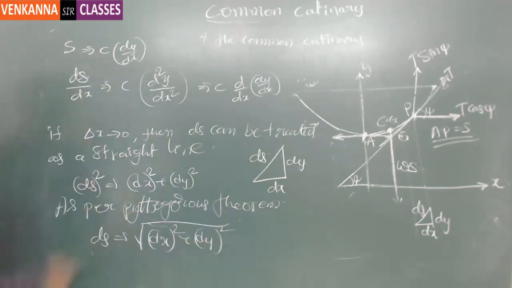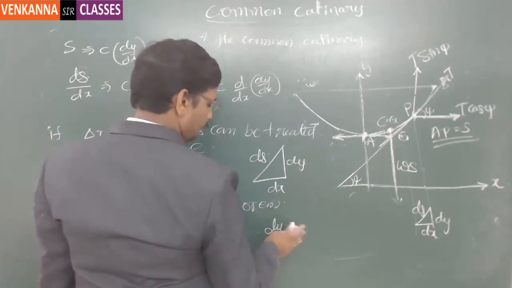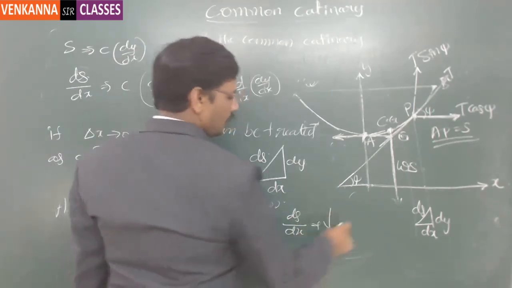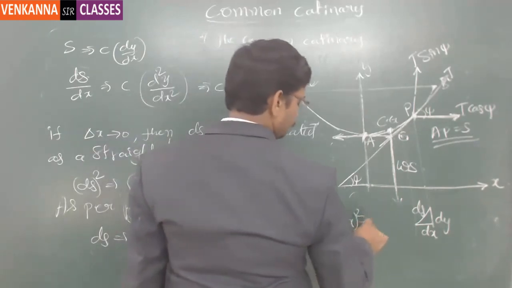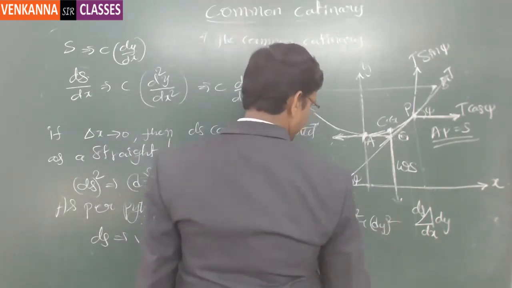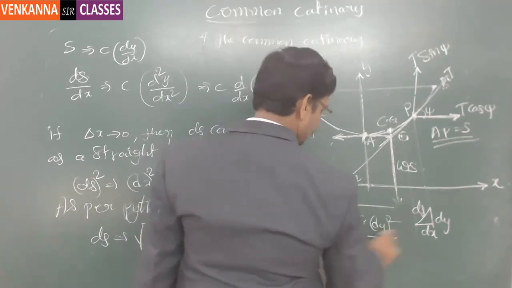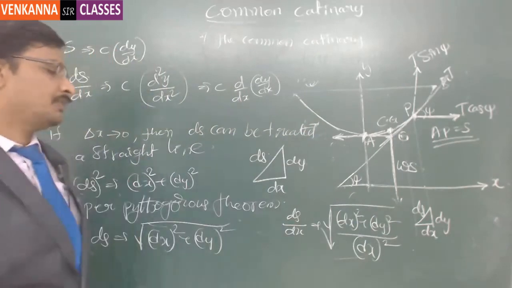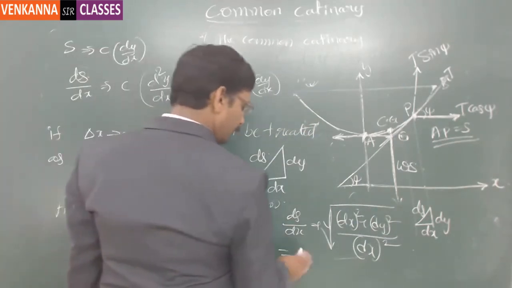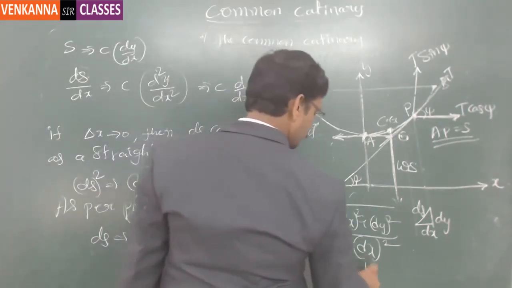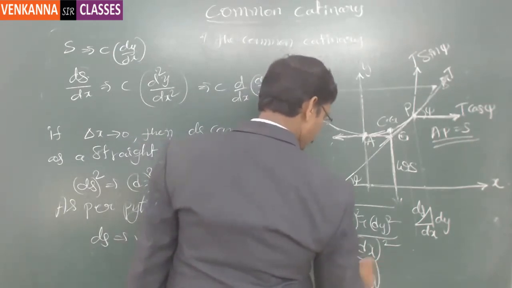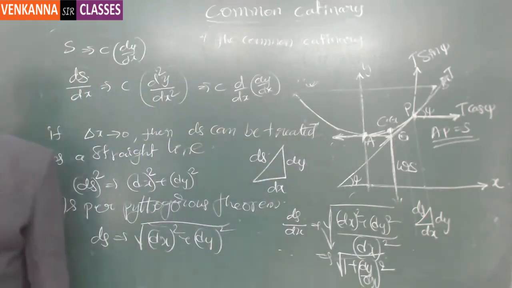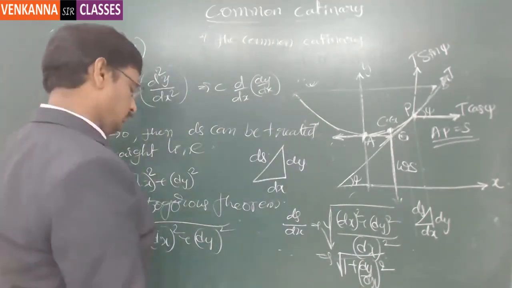So ds by dx is equal to square root of dx square plus dy square, whole divided by dx square. So this is the ds by dx value. This can be written as square root of 1 plus dy by dx whole square. Got it? Note down this.